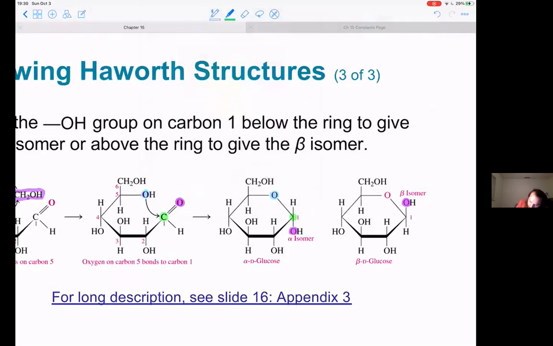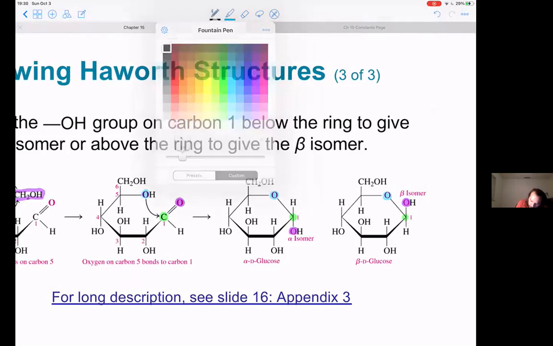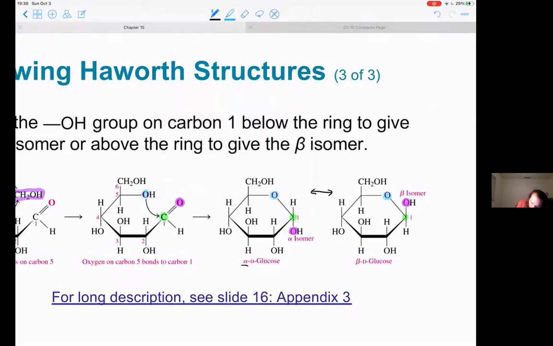Okay, so again, these are 2 perfectly acceptable ways of drawing the closed ring form of glucose. They are in equilibrium with one another. We call it the alpha isomer and the beta isomer. Alpha means OH on anomeric is down. Beta means that the OH on anomeric is up.